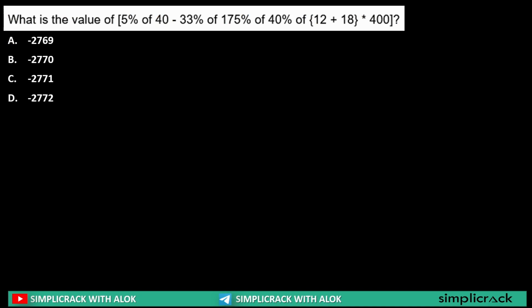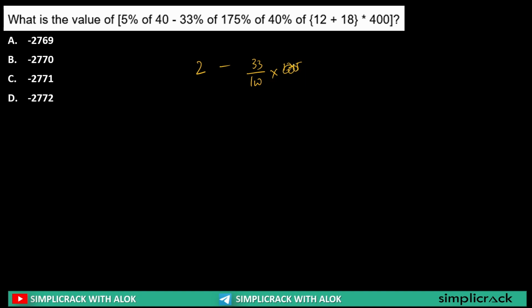Now 5% of 40 is equal to 2. 33% of 175% of 40% of 12 plus 18. 12 plus 18 is equal to 30. 40% of 30 is equal to 12. 175% of 12 into 33 by 100. So it will be 33 by 100 into 175, which is 7 by 4.